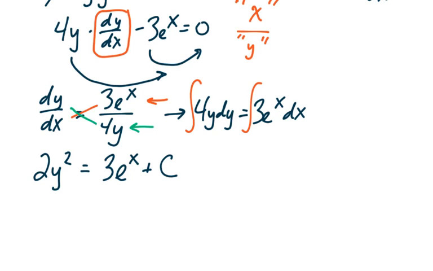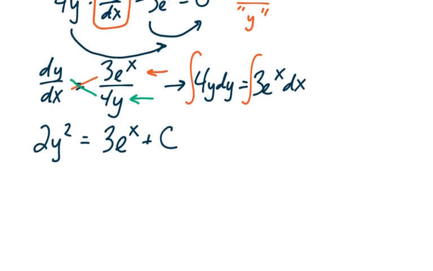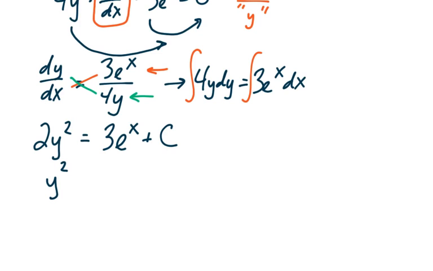Awesome. Okay, this is looking good to go. And actually, algebraically, this is not too bad. Let's go ahead and solve for y. Divide by 2. And you agree that if I take a constant and divide it by 2, I just get another new constant.